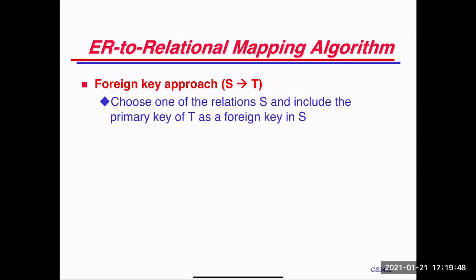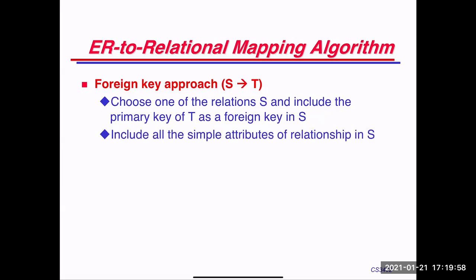Let's say I pick S, and I will include the primary key of T as a foreign key in S. Also, I will include all the simple attributes of the relationship in S. All right, so this is also not too difficult, I hope.